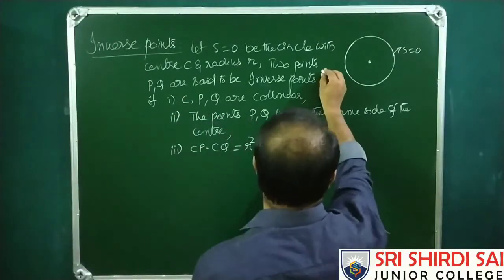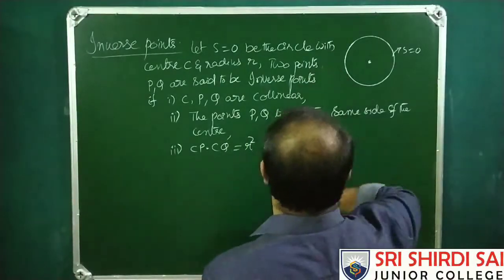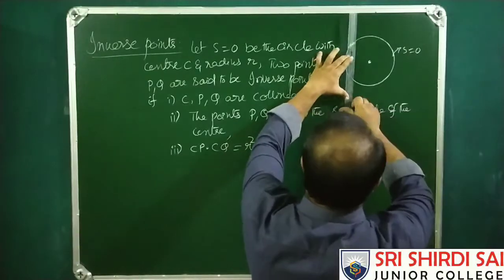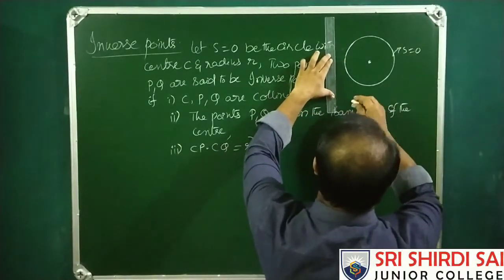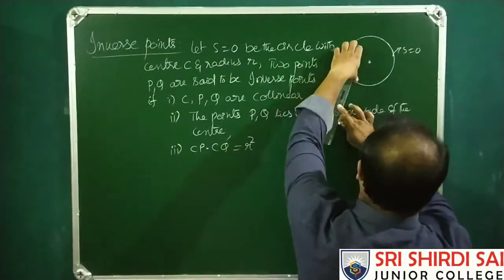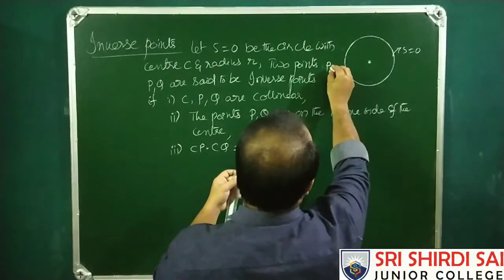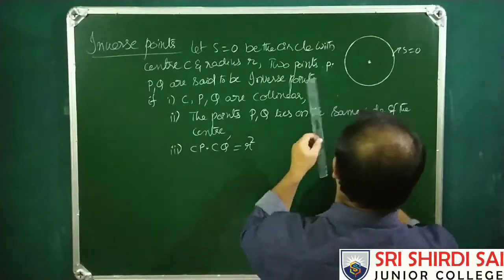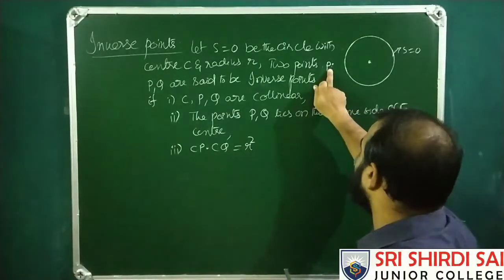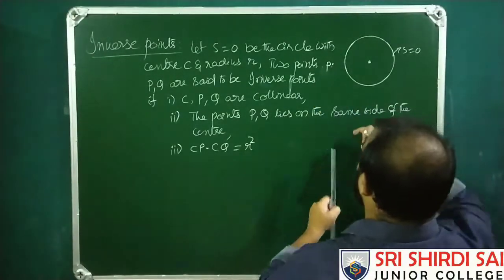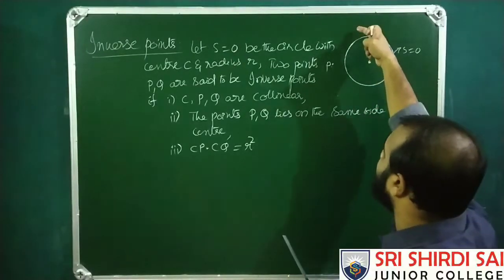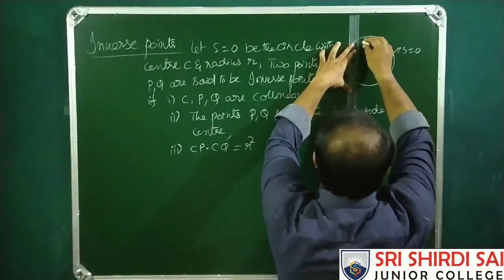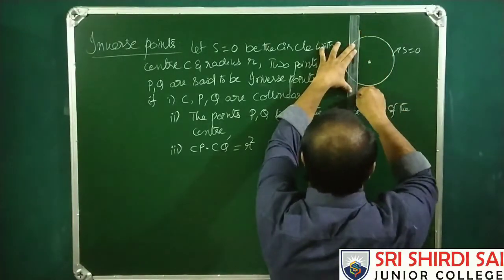For example, let P be a point lying external to the circle. So if P is a point lying outside the circle, the polar cuts the circle at two distinct points. For example, this is the polar.